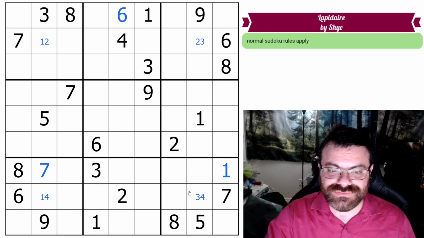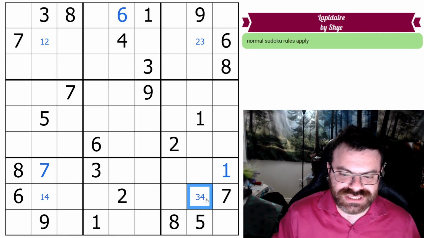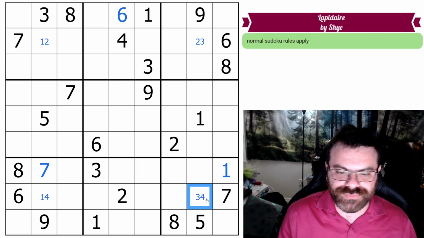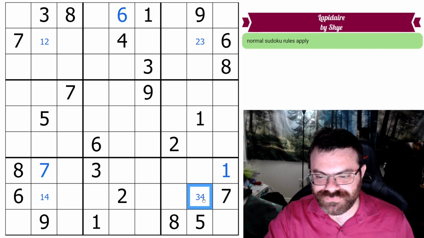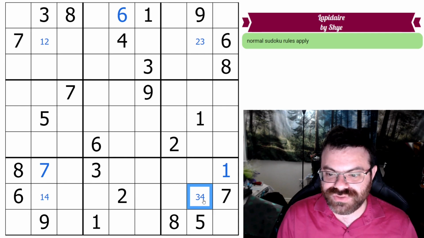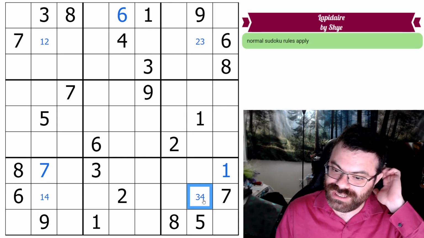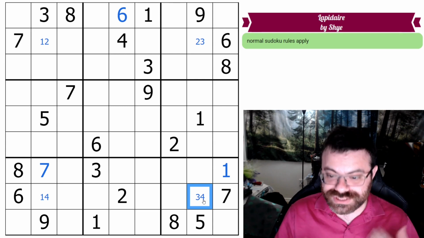But we can't have neither of them true. A bi-value cell is actually the most basic form of that, and I can show a few different forms. But a bi-value cell, this is a 3 or a 4. I said the keyword "or" there, and so that implies a strong link. So this cell is either a 3 or it's a 4.